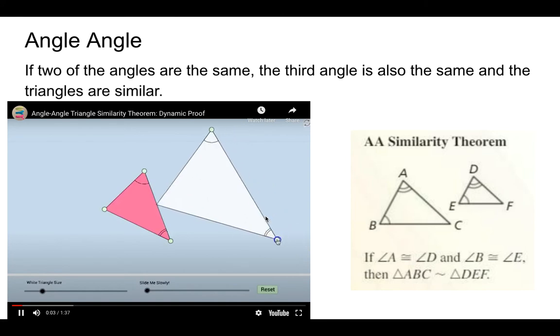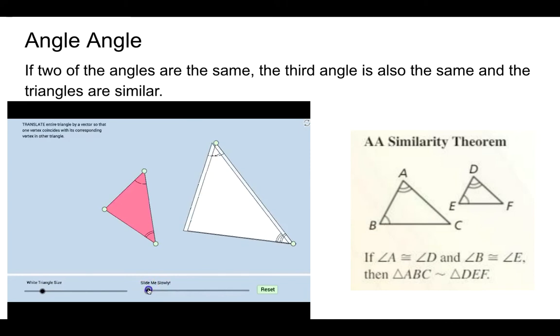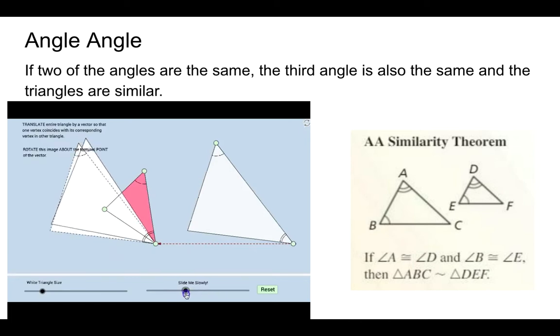Okay, so what this proof is showing us is this is one triangle and the pink one is another. So they're showing us how we can transform these triangles and eventually translate corresponding corners onto one another. We can rotate the triangles for the other sides to line up.